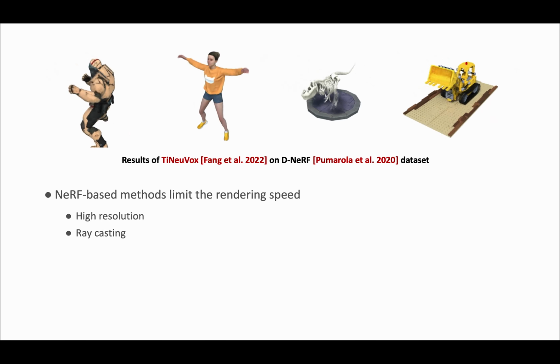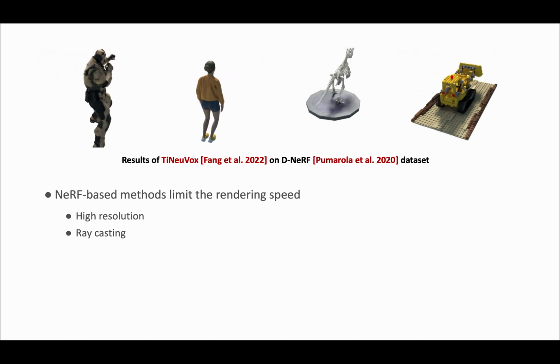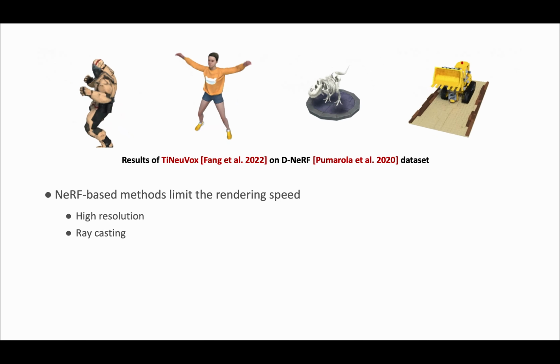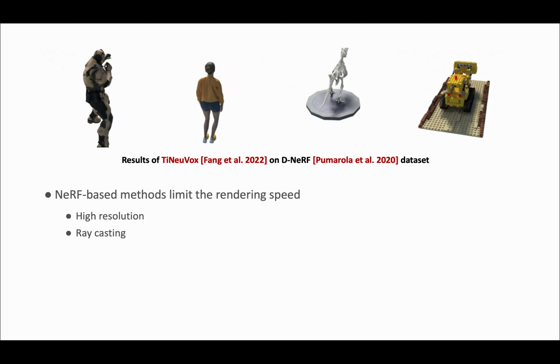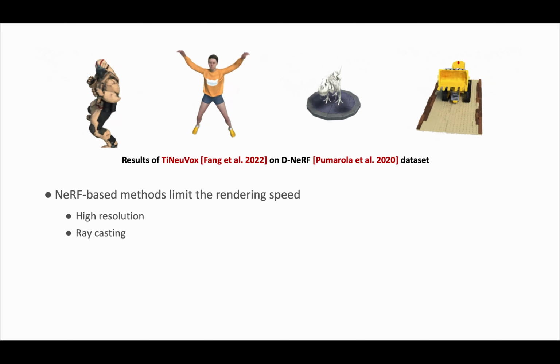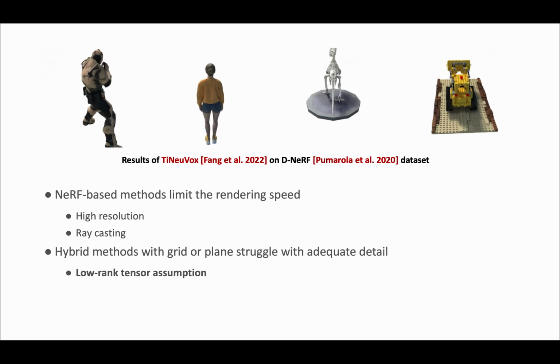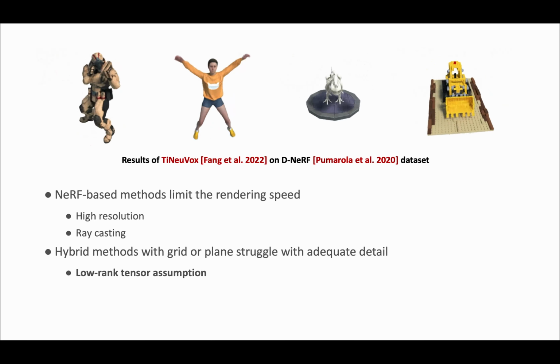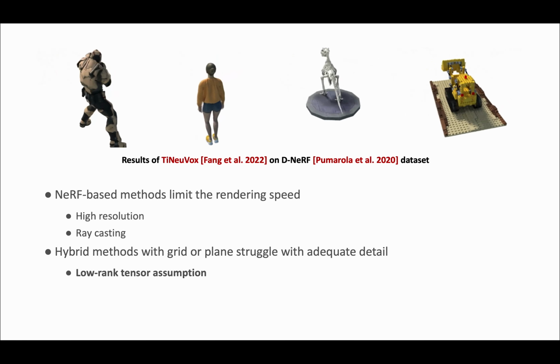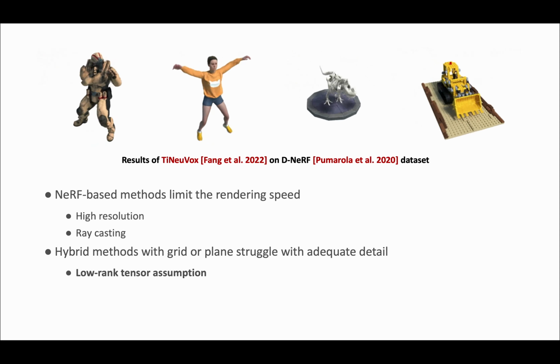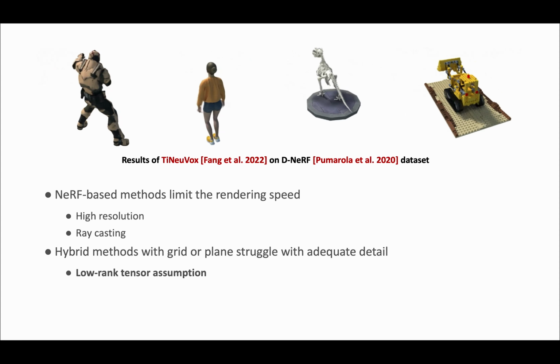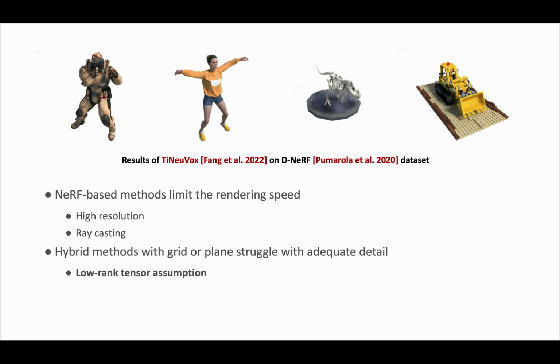First, current SOTA methods based on NeRF's implicit representation have a significant time overhead for raycasting, limiting their potential for real-time and high-resolution rendering. Second, although some hybrid methods have accelerated training and rendering by introducing structures like grids or planes, there is still a considerable gap in real-time rendering.